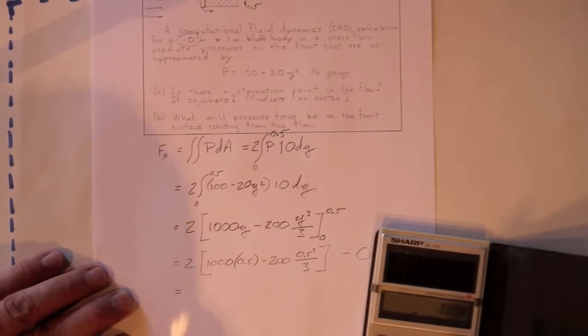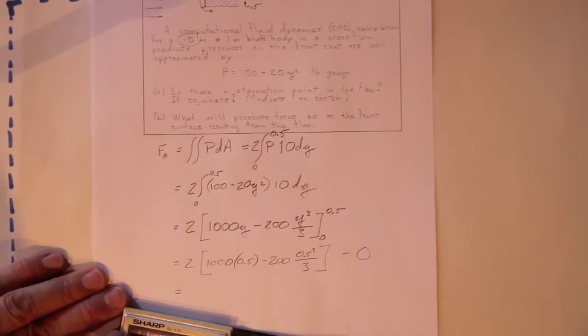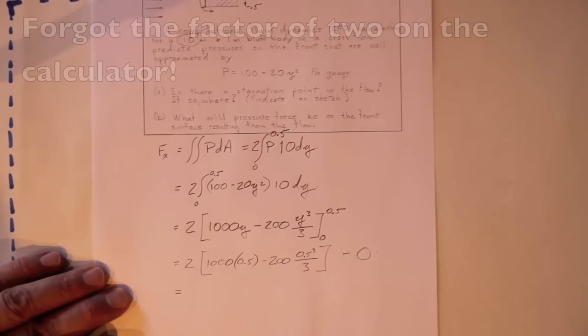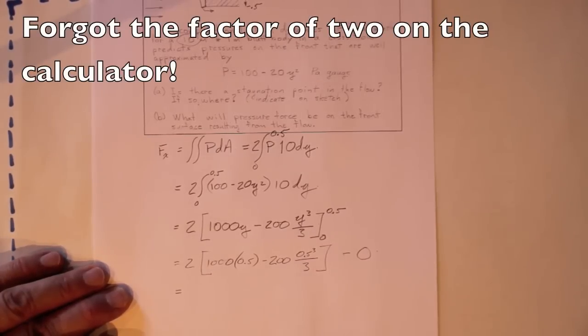And the answer is, from the calculator, 1000 times 0.5 minus 200 times 0.5 cubed divided by 3.